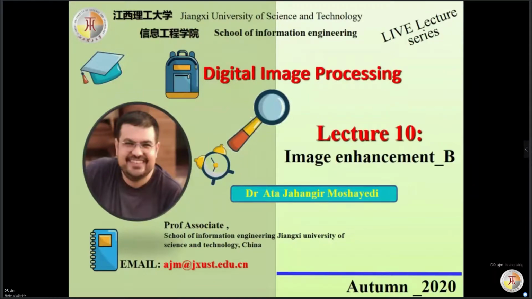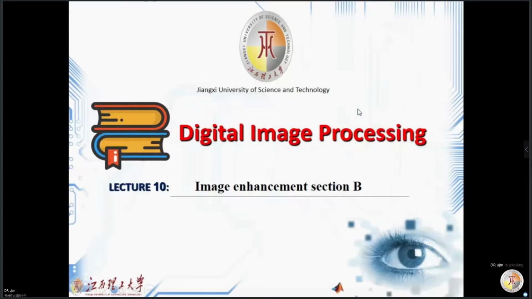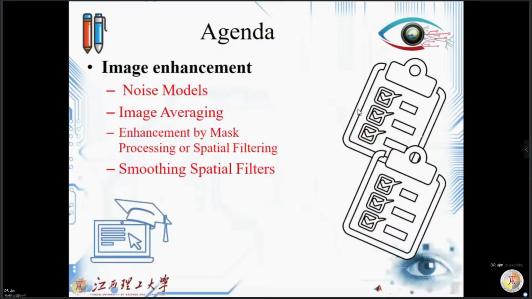Okay, let us see what I cooked for you today. As I said, we will talk about image enhancement for section B, and we should try to cover this unit today. In today's talk, we have some discussion of the noise model, because sometimes the image that we have is mixed with unwanted data, which people call noise.